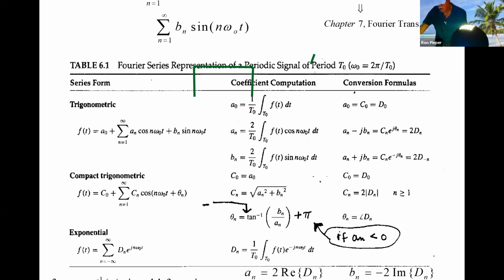So the AN is 2 times the real part of DN. I think that's pretty useful. And we've got the one for the BN here too. So keep this one in mind. We can see that the DNs were real, so don't be surprised that the BNs will be 0. But the ANs won't be 0. We'll see. Okay, so that takes care of that.